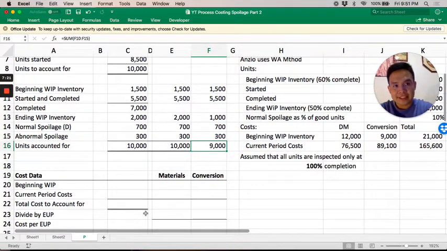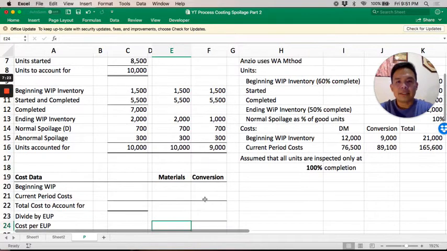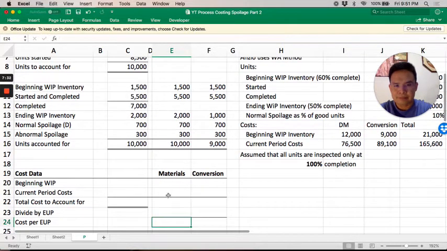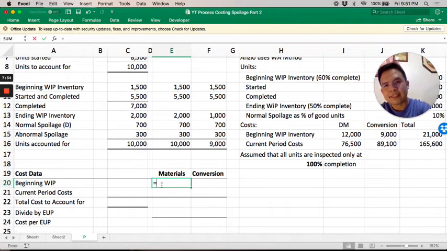Cost data is the same. The computation in the EUP is syempre different depending sa spoilage. Yan yung nagbago. Pero yung cost, pareho lang. Just pull out the beginning and current period cost. Nandito naman yun.